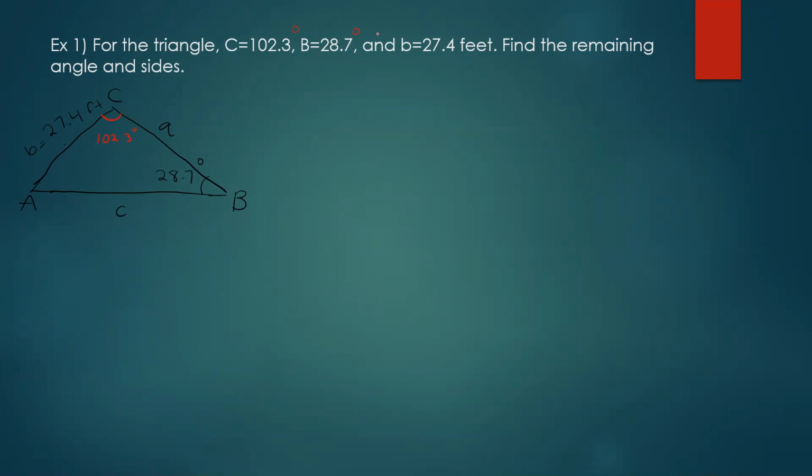Before we do this, the easiest thing we can do is find the missing angle A. It's easy to find a missing angle if you have two other known angles, and it doesn't matter if it's oblique or right, all triangles add up to 180.